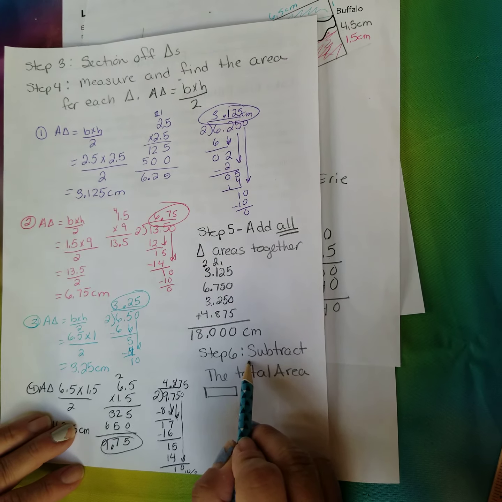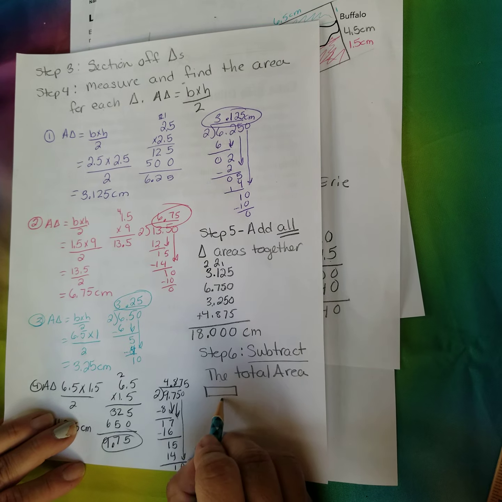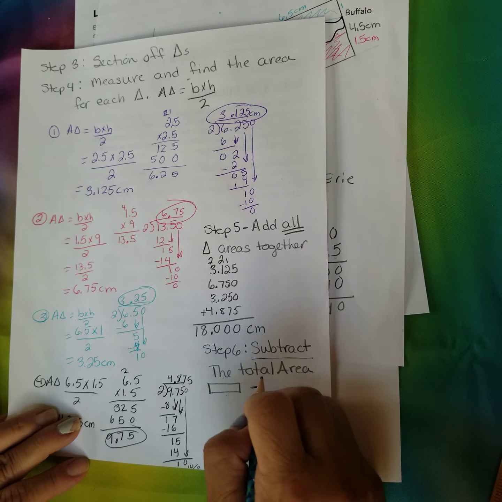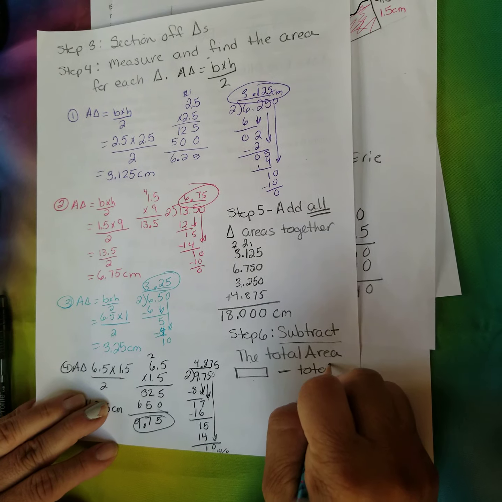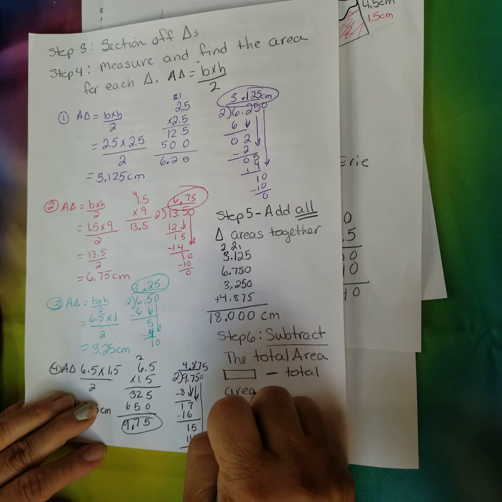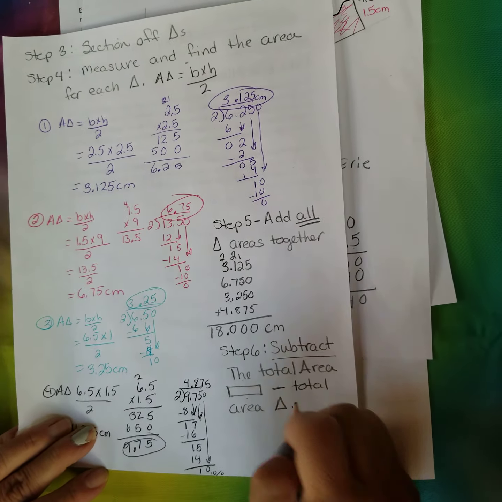Right, so you're going to subtract the total area of the rectangle minus the total area of the triangles.